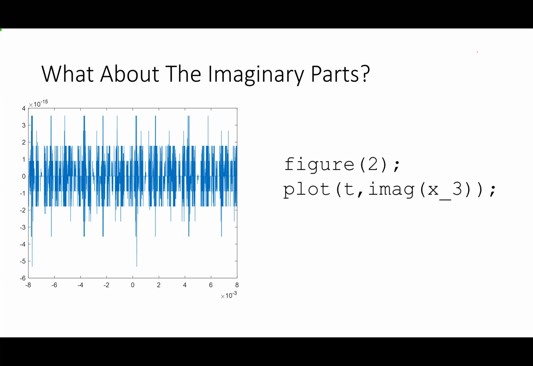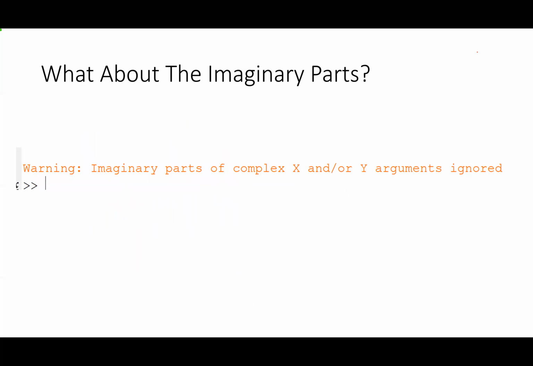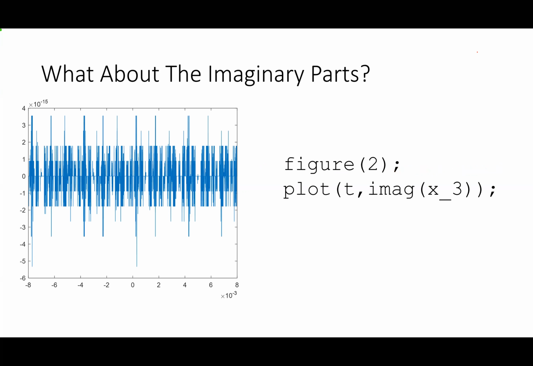It can't represent numbers with infinite precision, and so there are some errors when it does its math. But effectively, the imaginary part is gone. If I plotted this on the same scale as this, it would look like 0. So this should help a little bit.